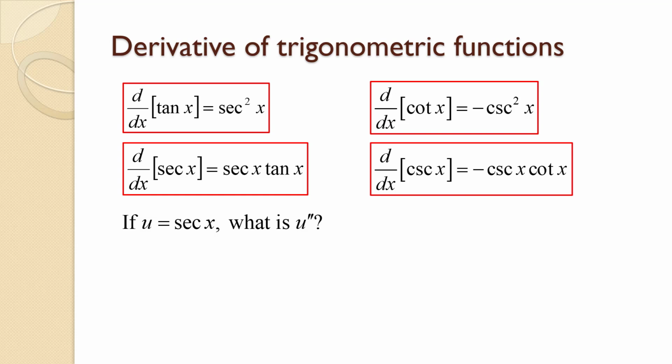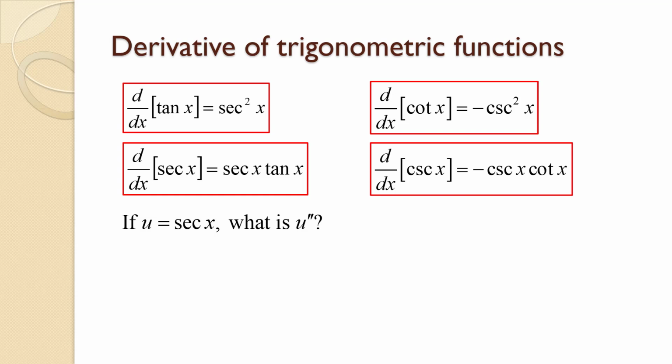See, the derivative of tangent is secant squared. The derivative of cotangent is negative cosecant squared. They're connected. The derivative of cosecant is negative cosecant of x times the cotangent of x. Again, notice the derivative of secant is secant tangent. The derivative of cosecant is negative cosecant cotangent.